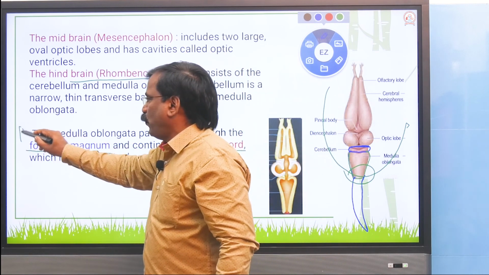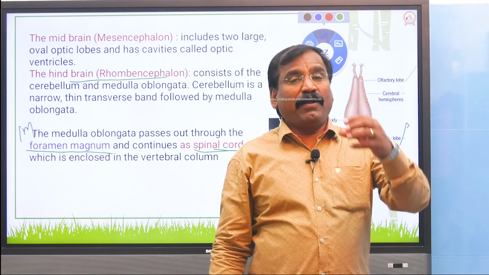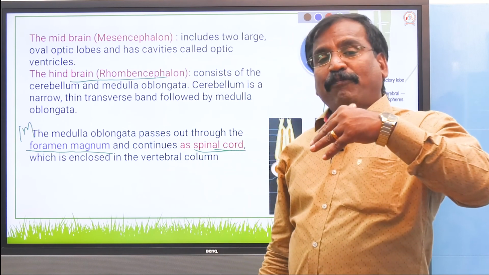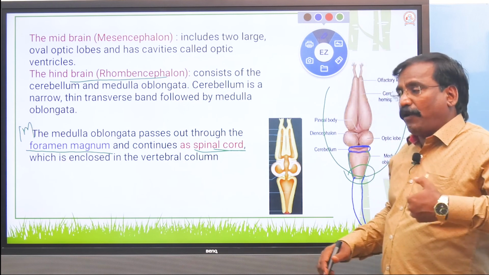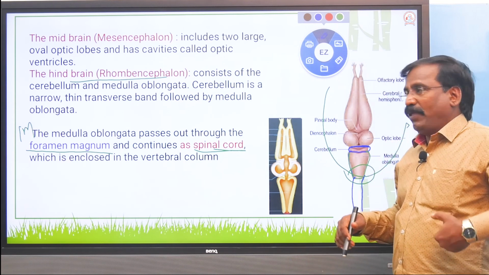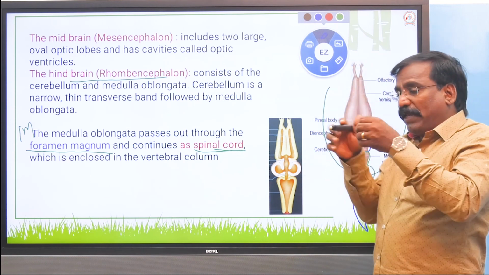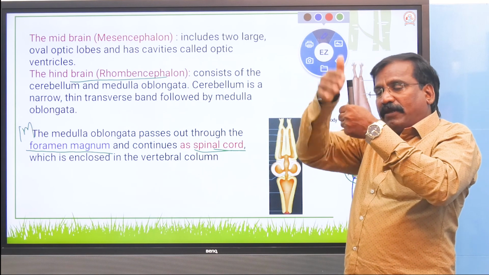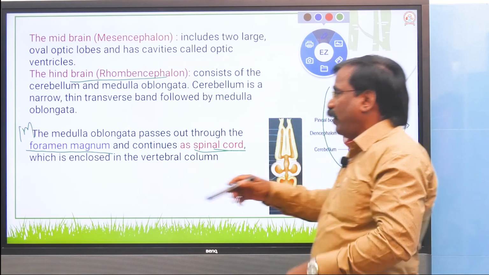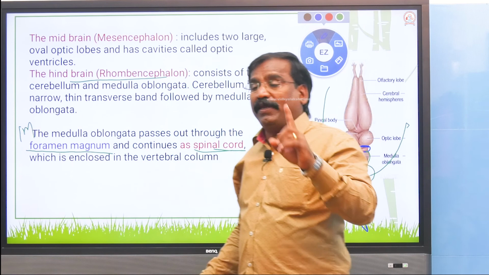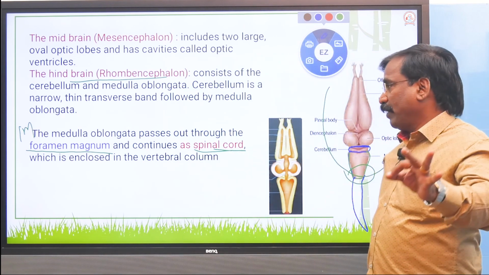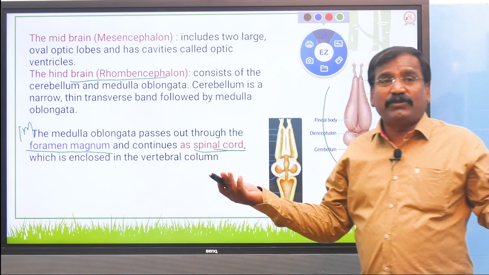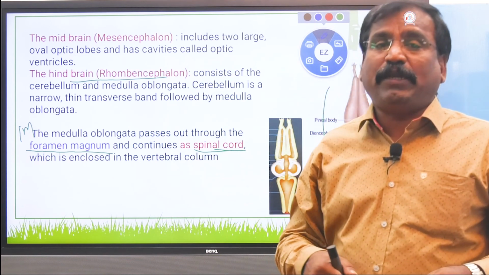Very important, 1 mark question. The medulla oblongata extends as the spinal cord, which emerges from the skull through one opening, called the foramen magnum. The spinal cord is not free; it is enclosed within the vertebral column.